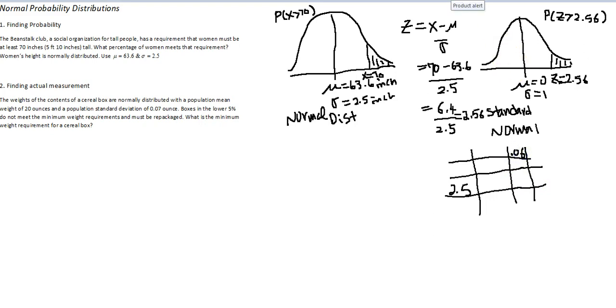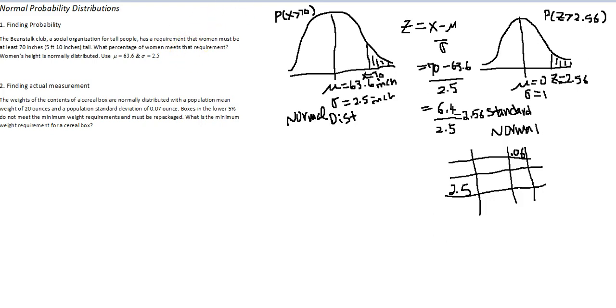Okay? So we're going to find out what that is. Hang on for a second. Okay. So you go to 2.56. I have 0.9948.